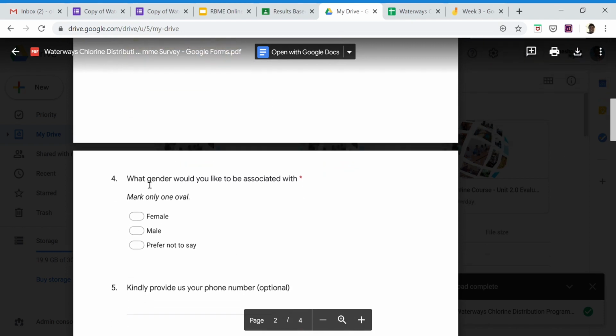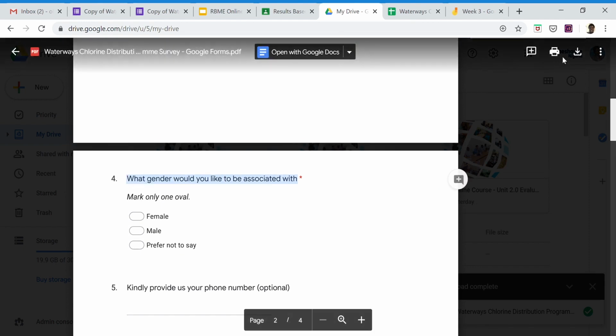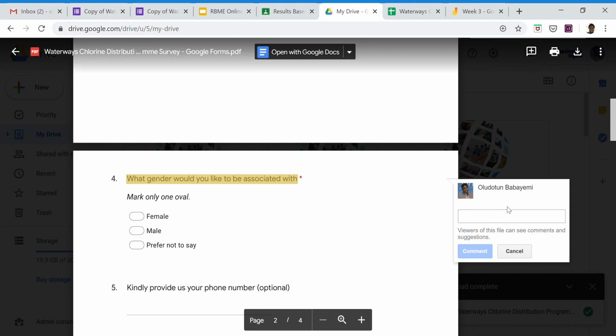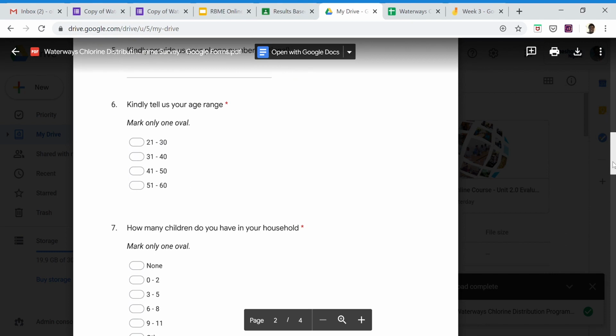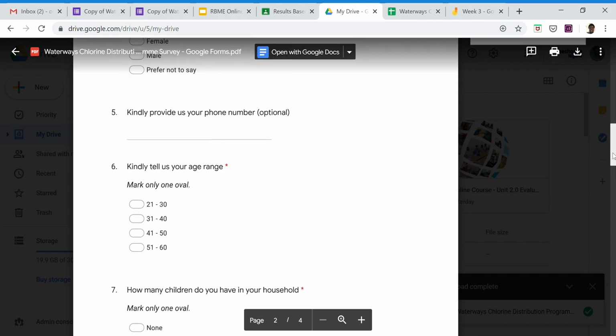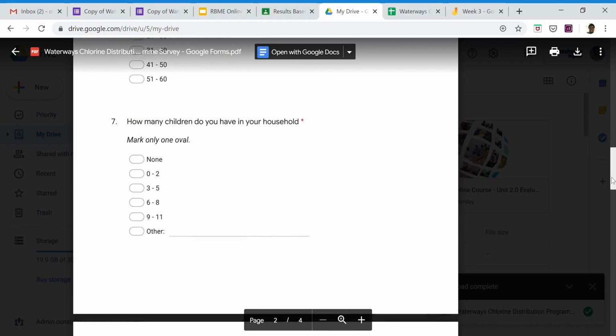So you can see, for gender, instead of having something like this, you have this for gender. But I'm more particular about my variables, right? Age range, is that a variable? Maybe no.